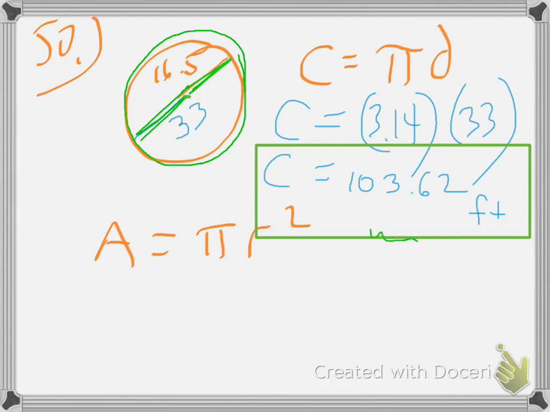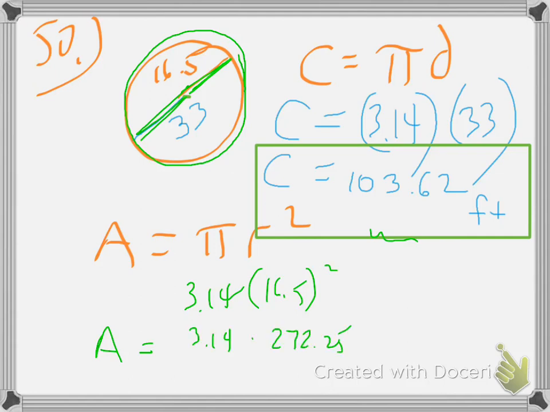So plug it in, 3.14, and this time the r is given to you, so just do 16.5 squared. Calculate it. Area equals 272.25. That's 16.5 squared.